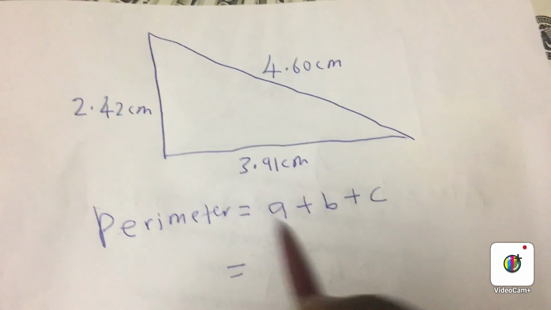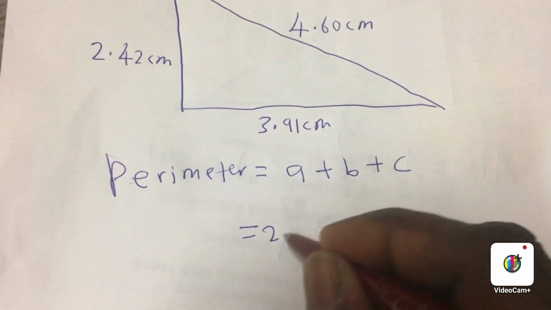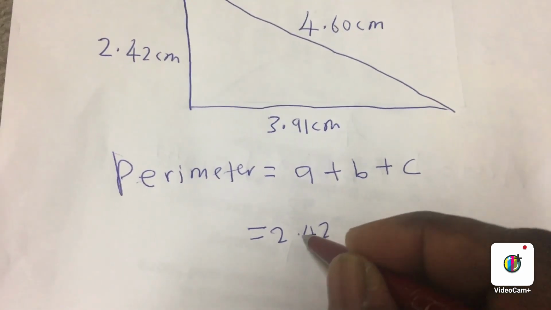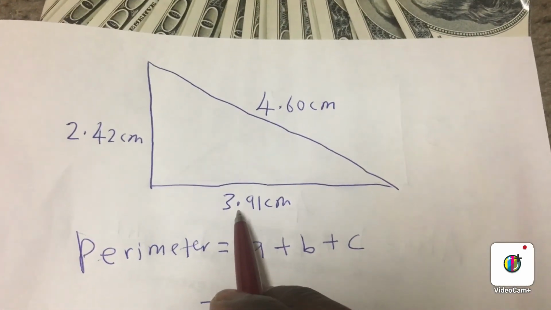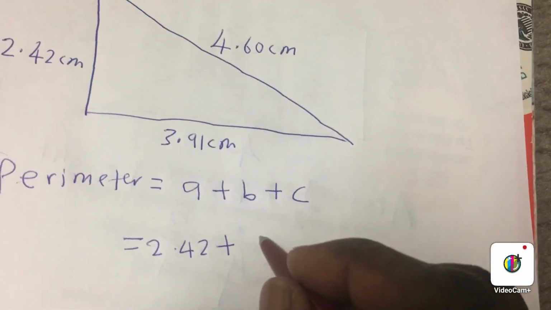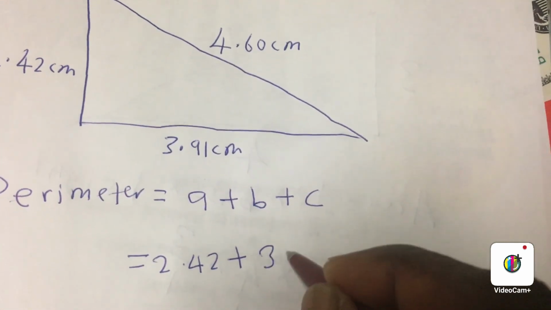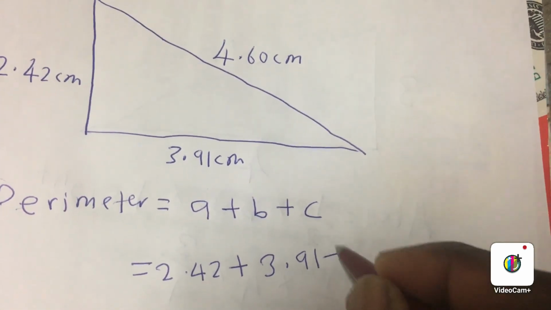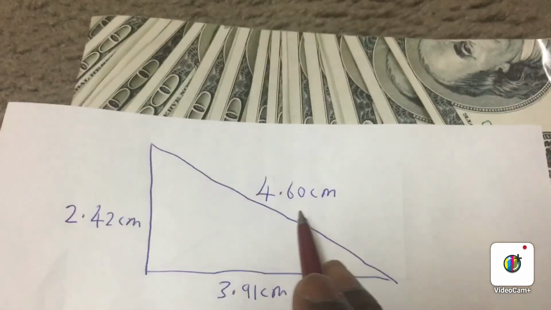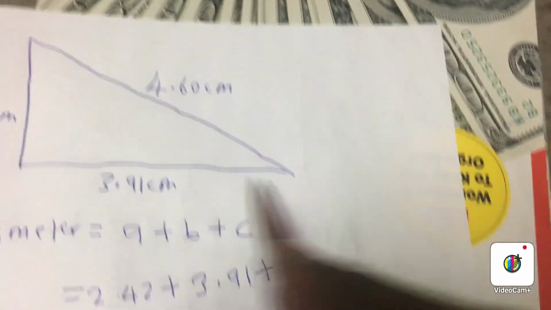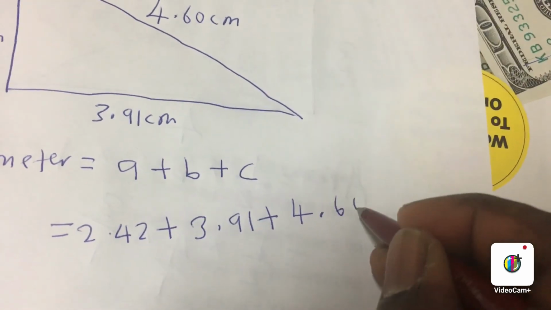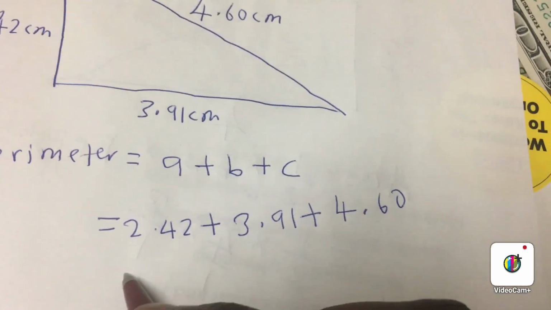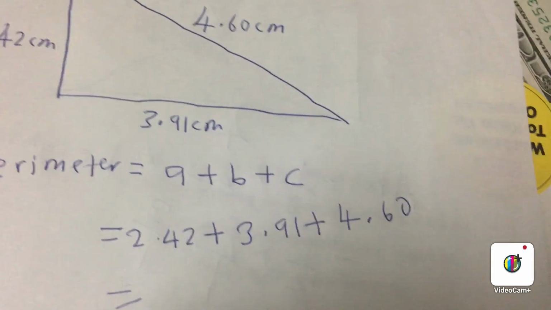A, which is 2.42, plus B, which is 3.91, plus C, which is 4.60, that will give us the perimeter.